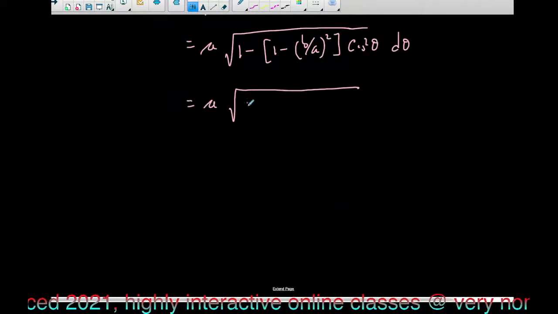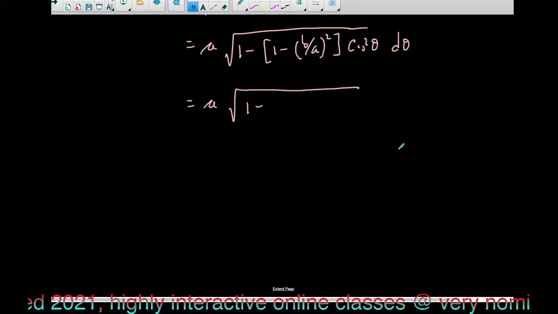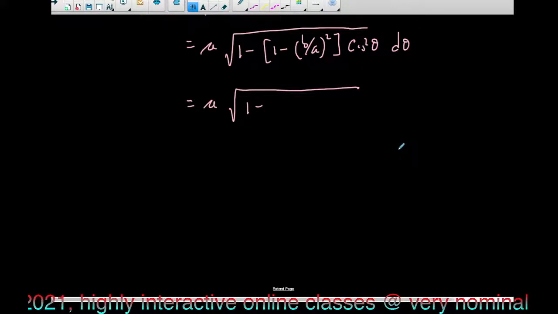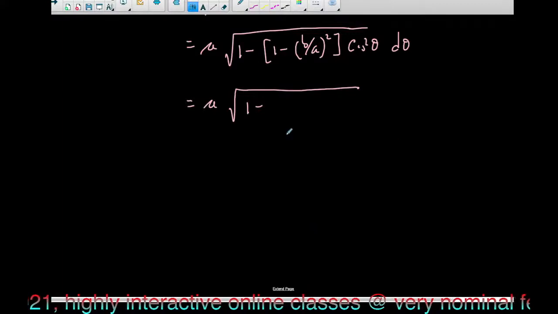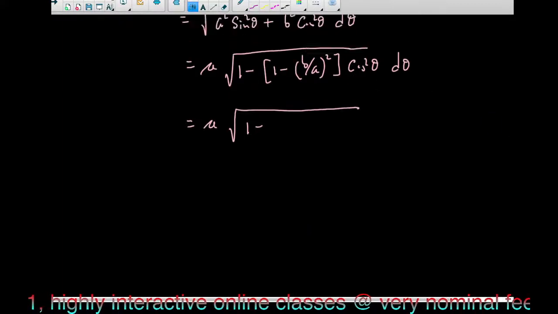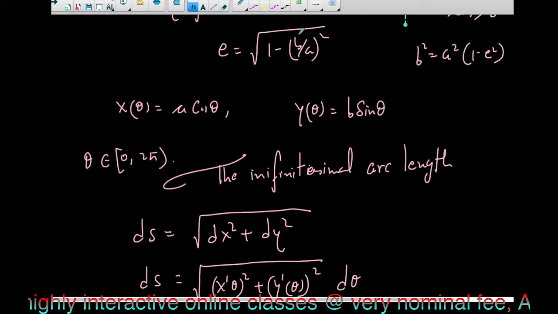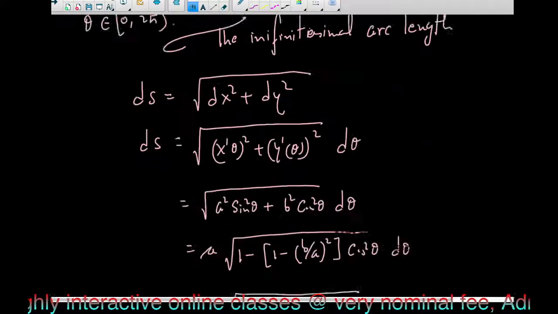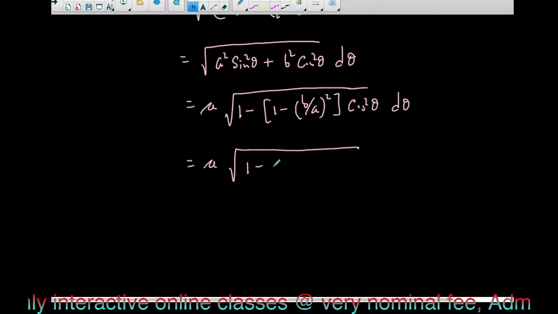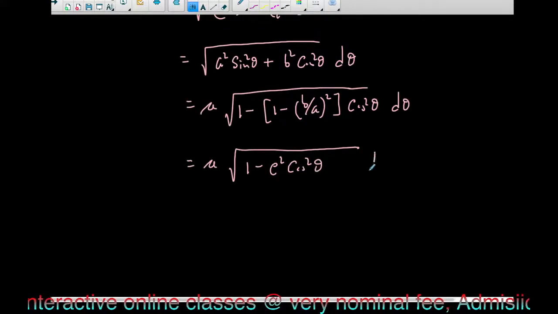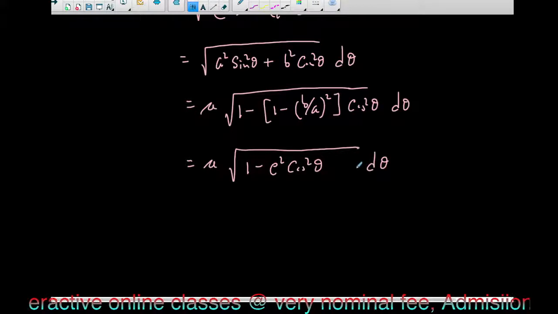So for 1 minus b square by a square, what do you say? e square, yes, e square. So 1 minus e square cos square theta, where e is the eccentricity, and that is d theta.